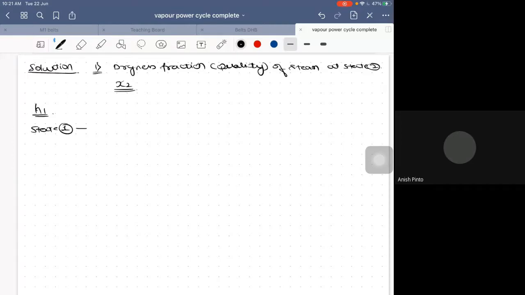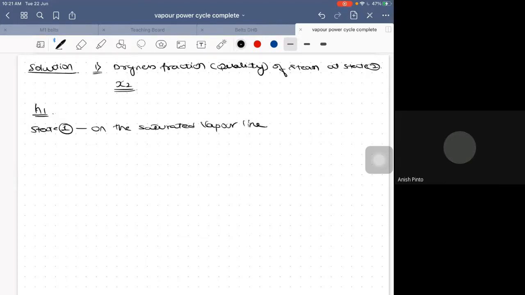Hg. Hg, okay. So state 1 is on the saturated vapor line.